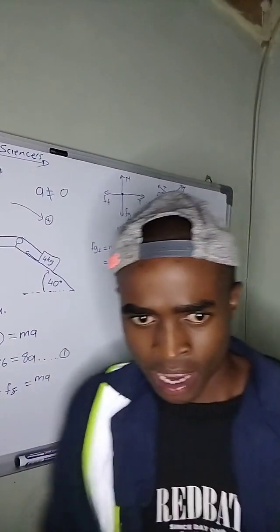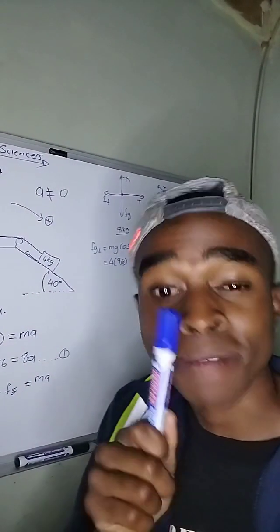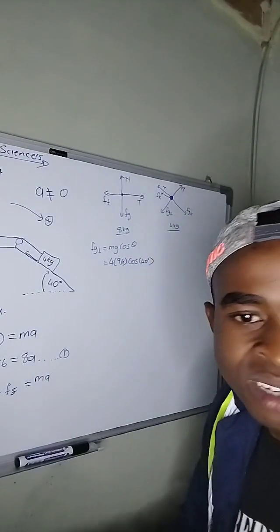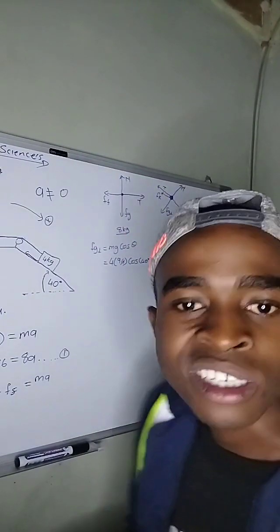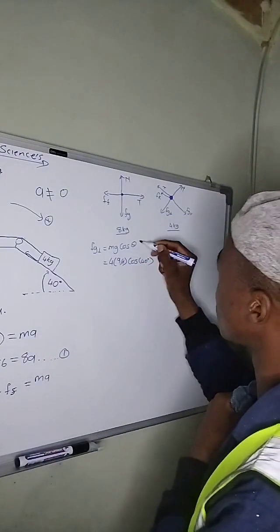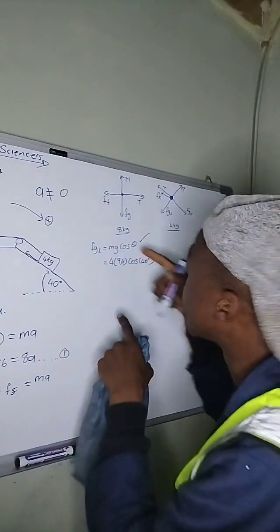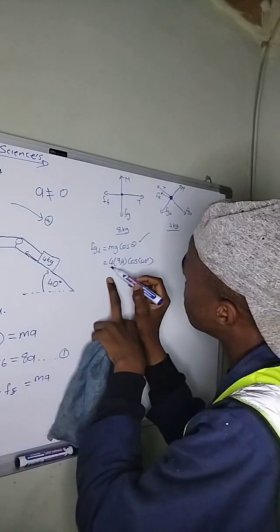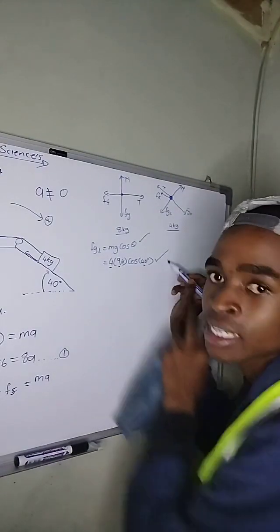Let me give you a tip, guys. Correct substitution is a mark in physical sciences. It's easy to get 100% in physical sciences, you just have to know where you're working. So you don't just write funny formulas. Writing the correct formula is a mark. Writing FG perpendicular equals that one is a mark. Substituting correctly, the mass placed here, the constant here, and the theta here, is a mark.